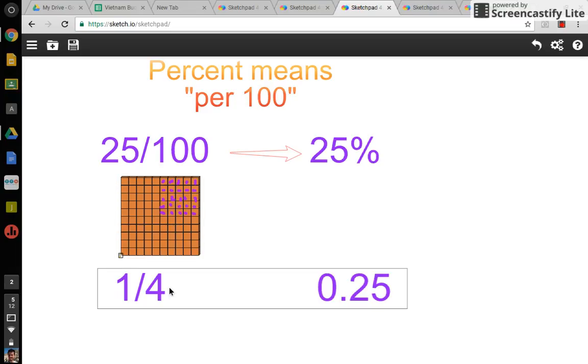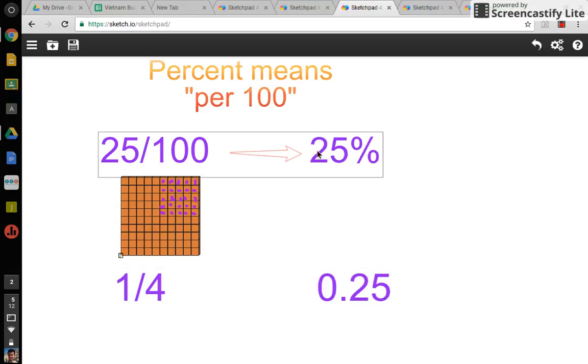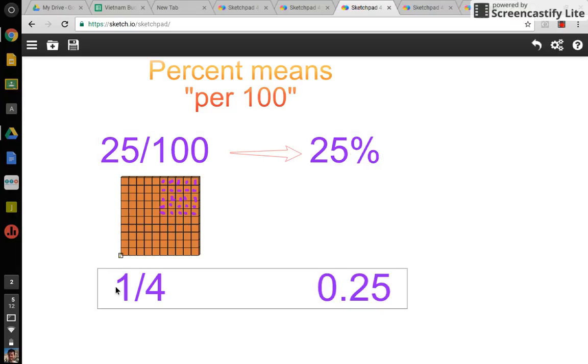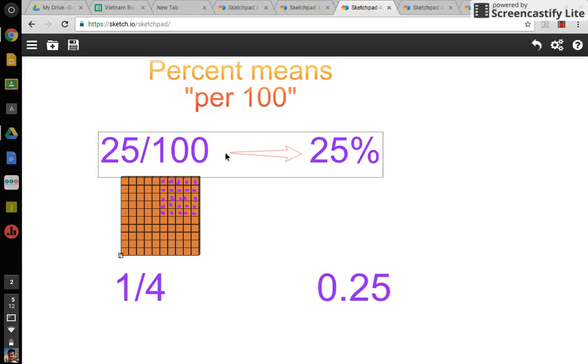So we have 1 out of 4 altogether, 1/4. We learned previously that this number can also be represented as a decimal. So 1/4 can also be represented as 0.25. All of these amounts, 25 out of 100, 25%, 1/4, and 0.25, are exactly the same. These are all equivalent terms, okay?